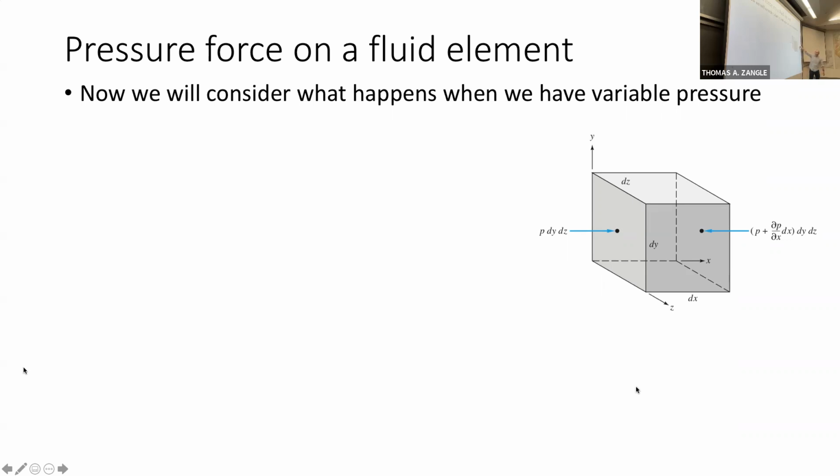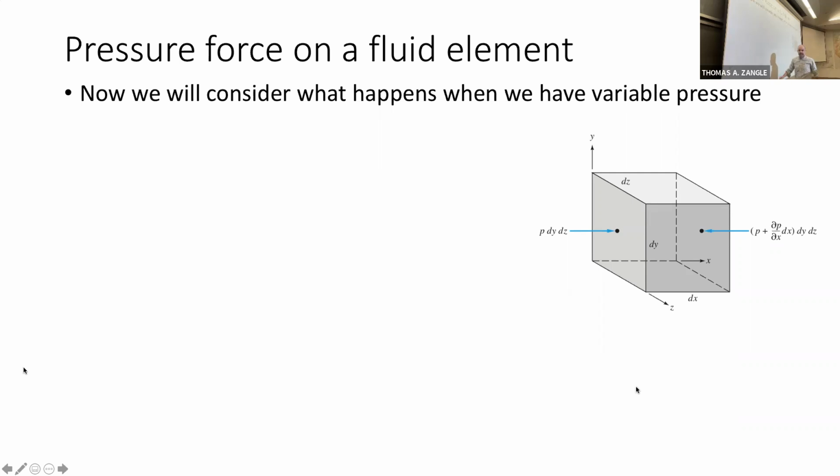But we have a gradient in pressure, here written as dP/dx. If we move over to this other face of the cube, the pressure is different by dP/dx times dx, the gradient in pressure with x times the distance across the cube.